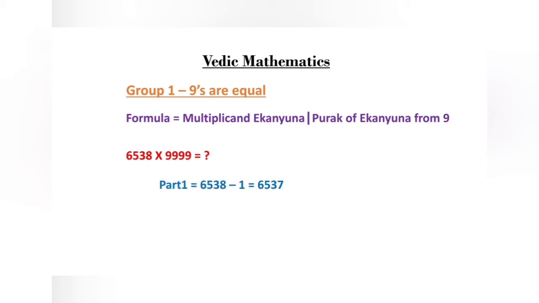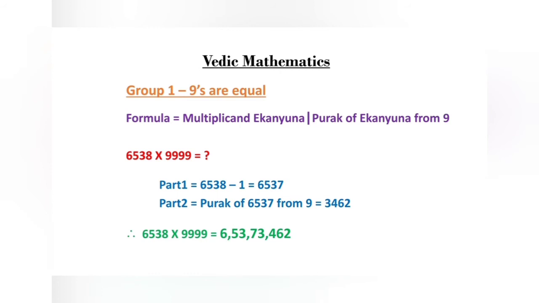The first part will be Ekanyunya of 6538, that is 6538 minus 1 equals 6537. The second part is Puraka of 6537 from 9, which is 3462. Therefore, the solution for 6538 into 9999 is 65373462.